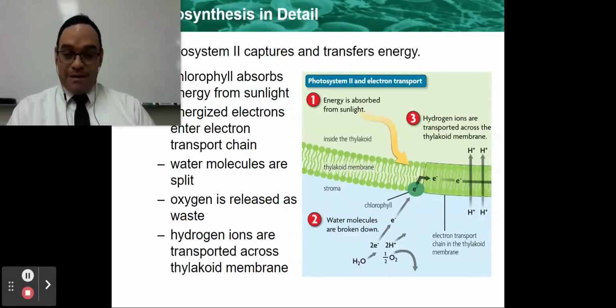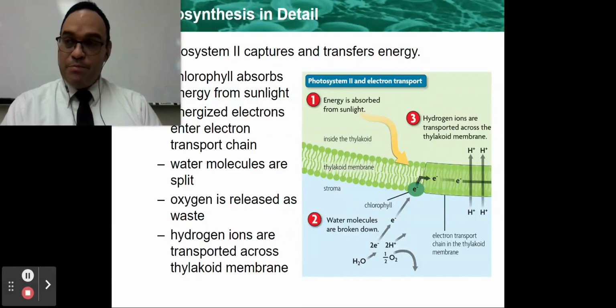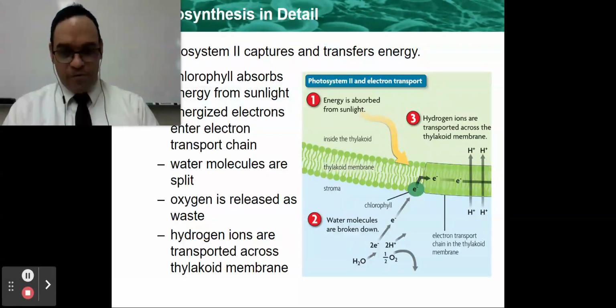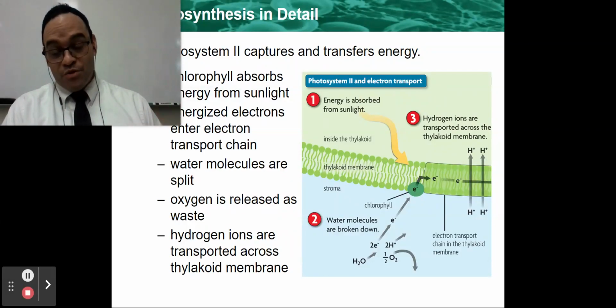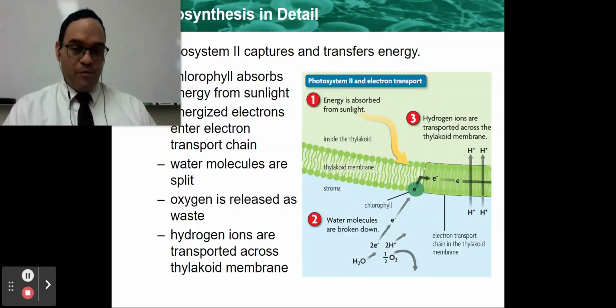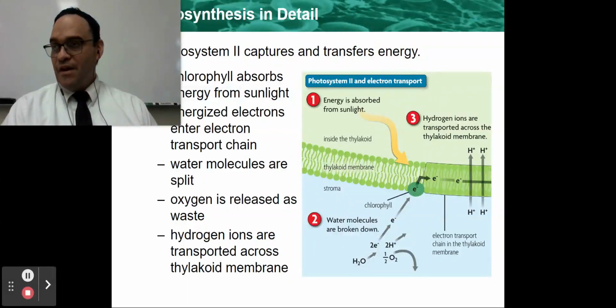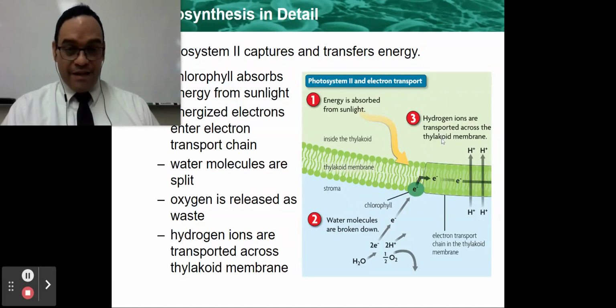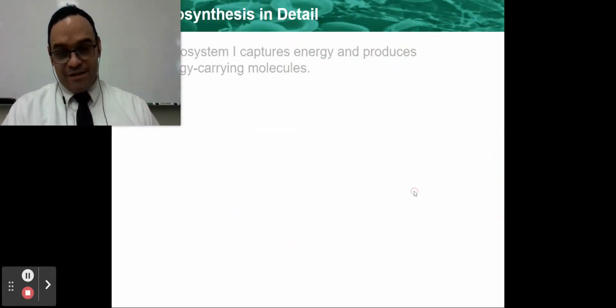Well, the oxygen bounces out, the hydrogen gets pushed into the thylakoid, and the electron travels along the thylakoid membrane. And that's photosystem 2. Now, I know we talked about photosystem 2 first, and you might be wondering, why do we call it photosystem 2 if we're talking about it first? Well, I don't have a good answer for that, okay? But photosystem 2 does this. That's the key here.